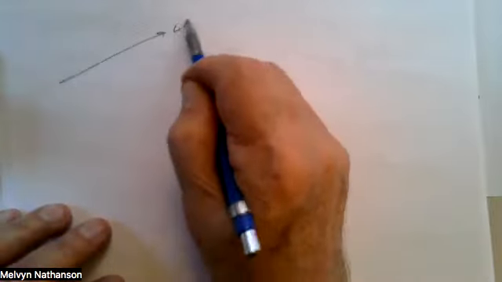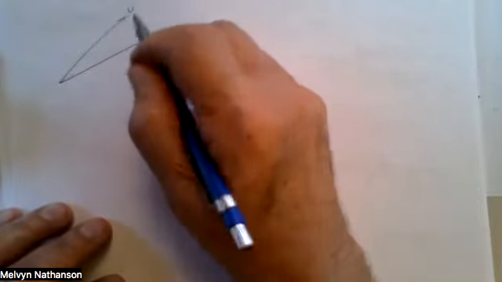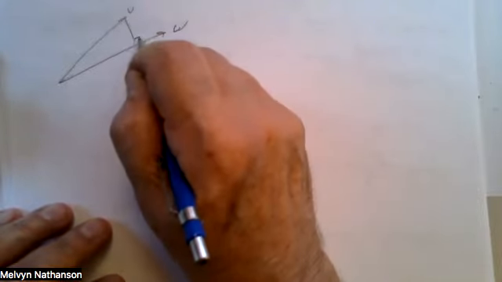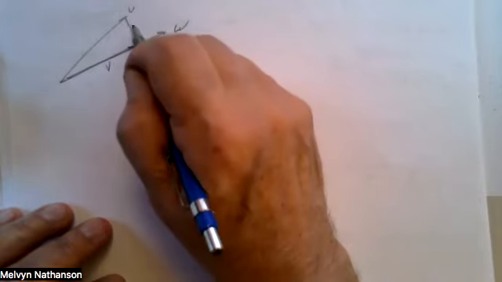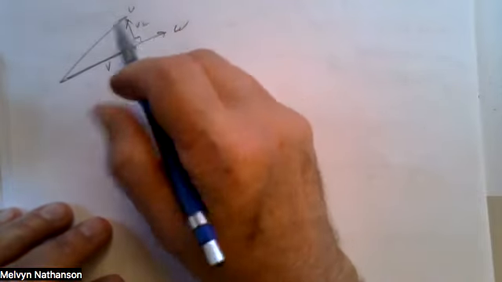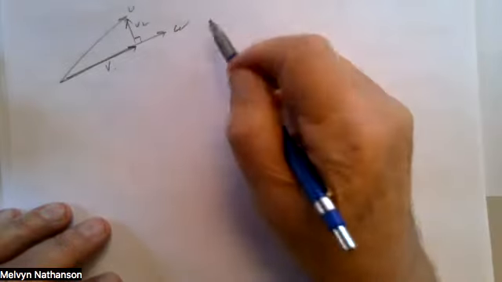You have a vector W, a vector V, and you can always decompose V into a vector parallel to W and a vector perpendicular to W, and these parallel and perpendicular components are unique.